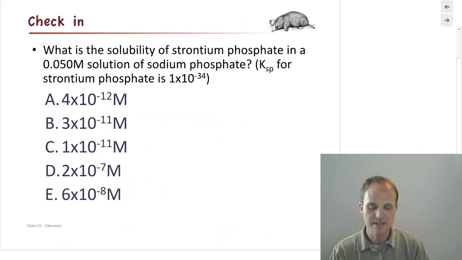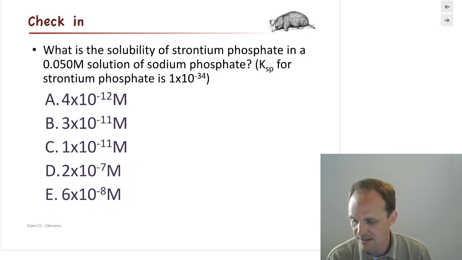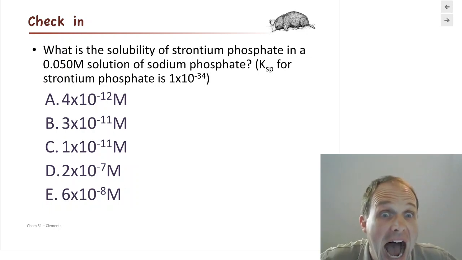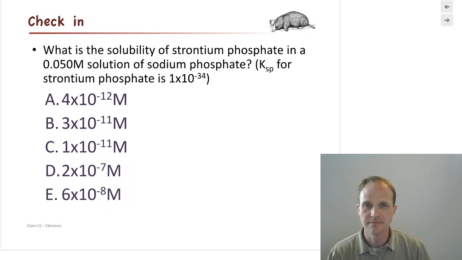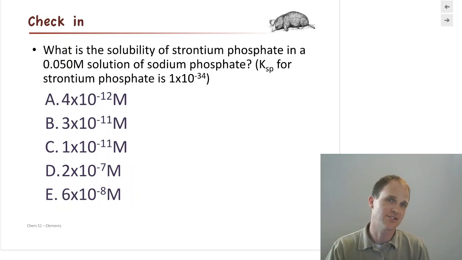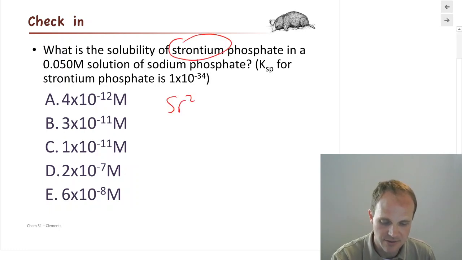Now your turn. What is the solubility of strontium phosphate in 0.050 molar solution of sodium phosphate? Did you notice? Professor Clements always says he's going to try to trick us when he gives us these names. Strontium, Sr 2 plus, phosphate, PO4 3 minus.